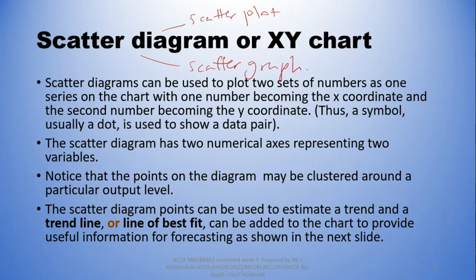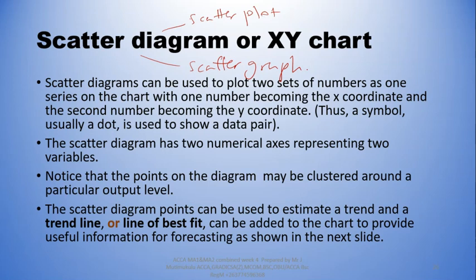Scatter diagrams can be used to plot two sets of numbers as one, with one number becoming the x coordinate and the second number becoming the y coordinate. So two numbers are actually represented by one. You can see a dot on the graph that will be representing two numbers.